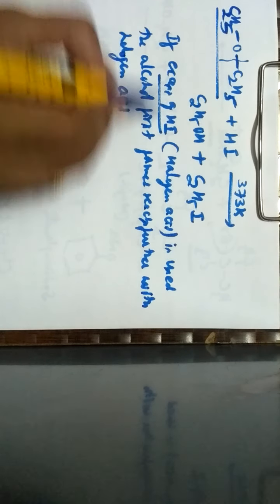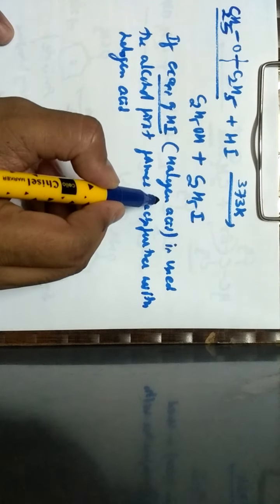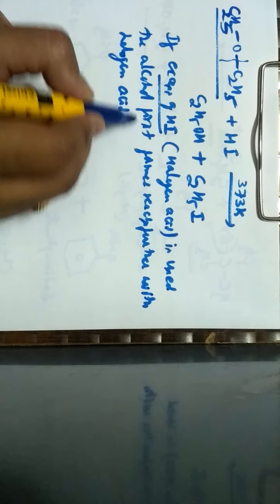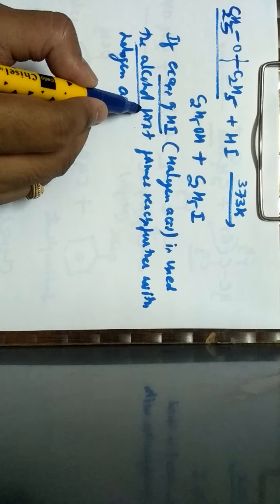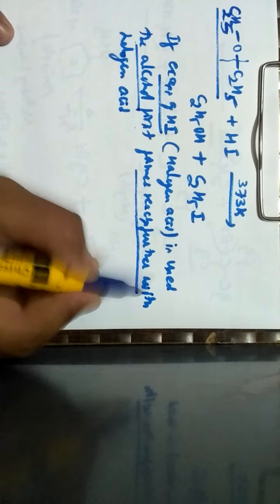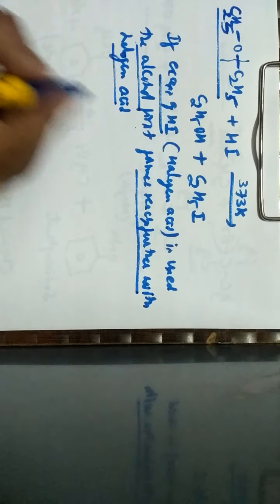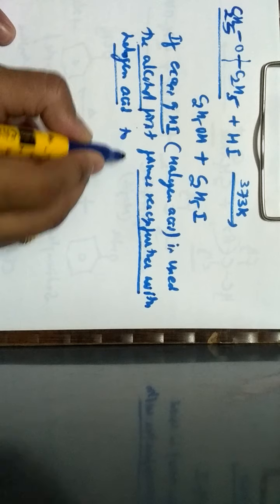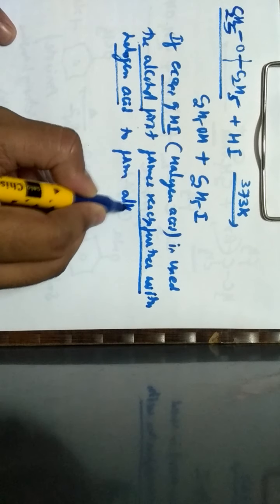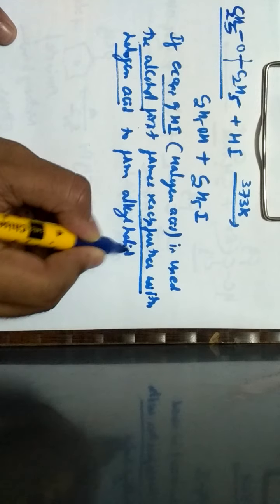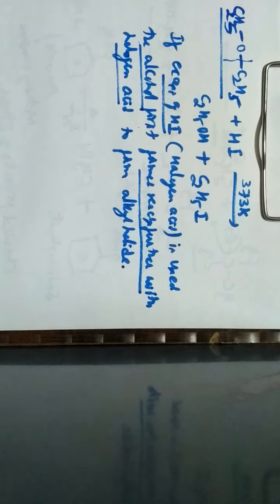The meaning is, if we use excess of HI, that is halogen acid, the alcohol first formed, means initially it forms alcohol. The alcohol which is formed first will further react with halogen acid to form alkyl halide. Now a question comes, how does this particular conversion take place?